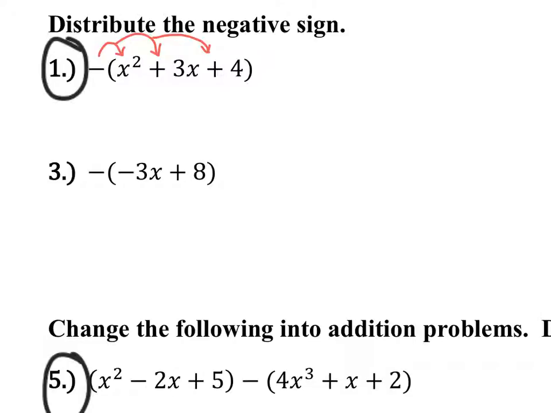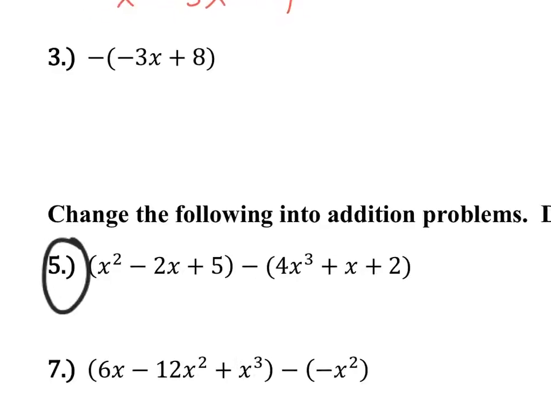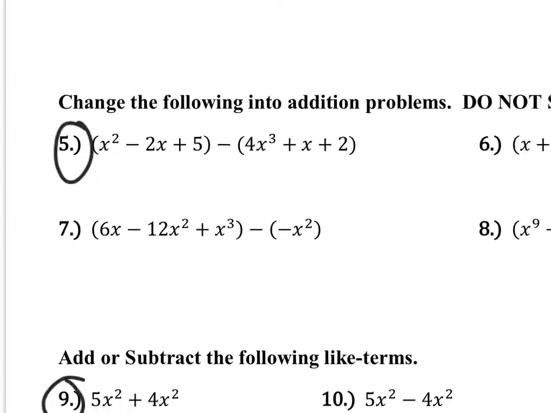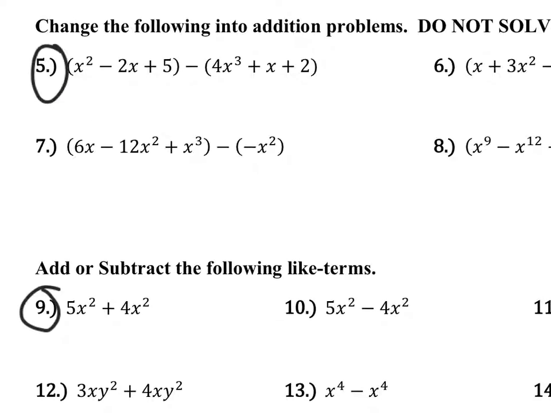So this first term, x squared, when we distribute the negative, that becomes negative x squared. Our second term is plus 3x. Well, distributing the negative makes that minus 3x. And the last term is plus 4. Well, distributing the negative makes that minus 4. So all the signs there change. And that is how we are going to change these problems into addition problems.